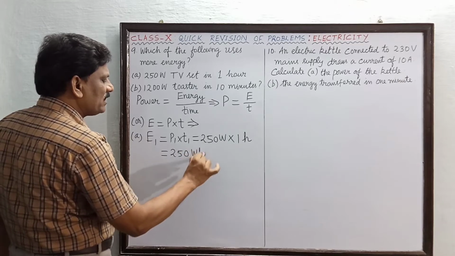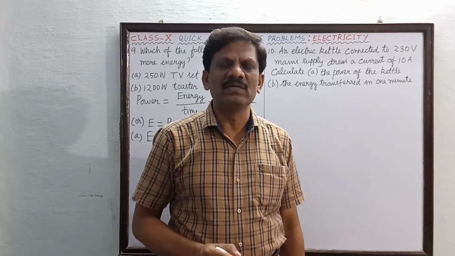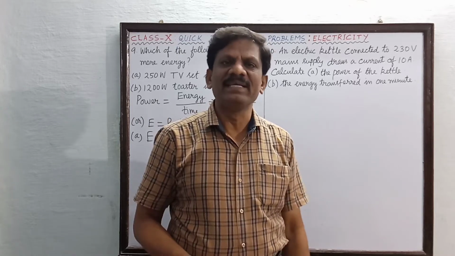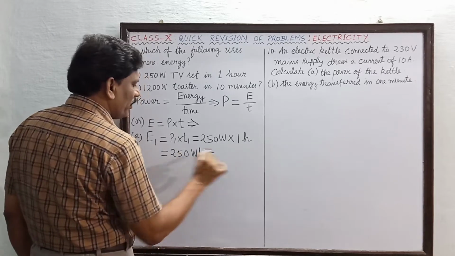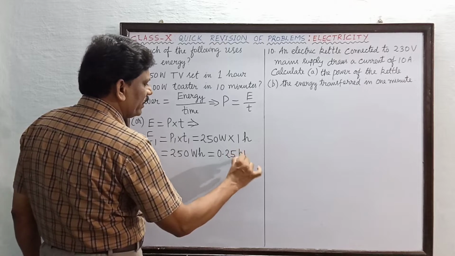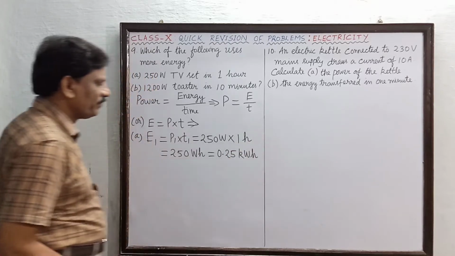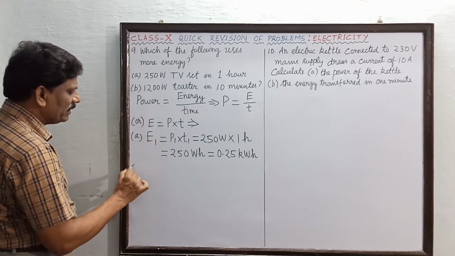If you divide this by 1000, you can express the same in kilowatt hour. So this is also equal to 0.25 kilowatt hour.